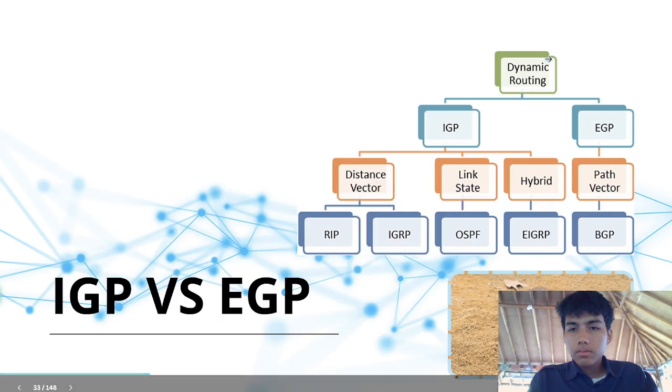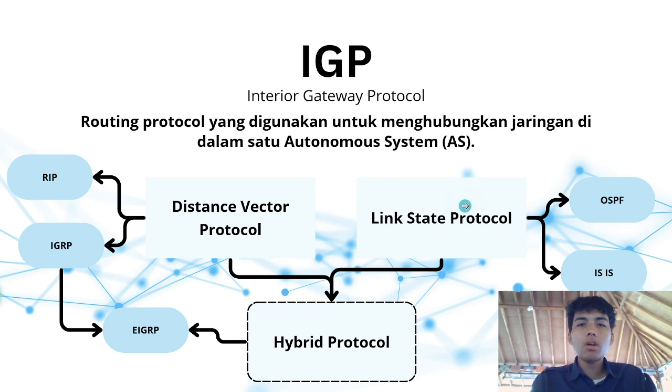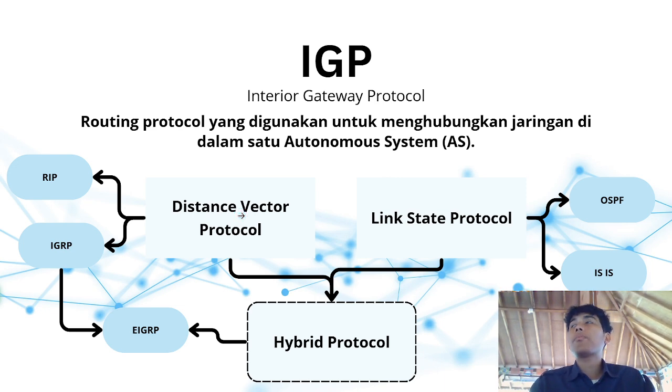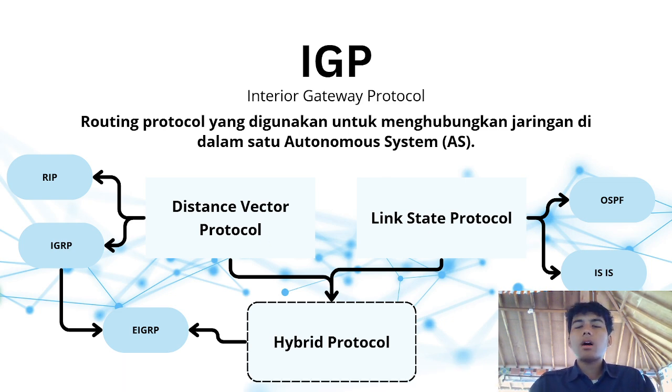So this is IGP versus EGP, just like what I said before. Interior gateway protocols use distance vector for path choice, link state, and hybrid protocol. Hybrid protocol is a combination of distance vector and link state.